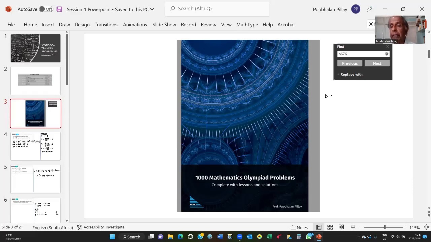The way to do that is to press Control F, that is the find instruction. When you do that, this little box appears with a blank space. Then type in problem 676, but we must make sure that we put a P in front, and that will take you straight to problem 676.